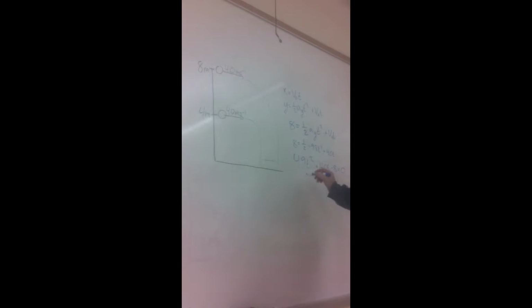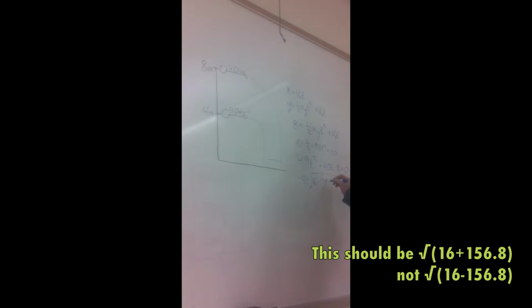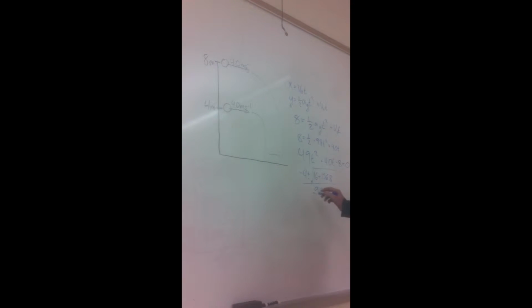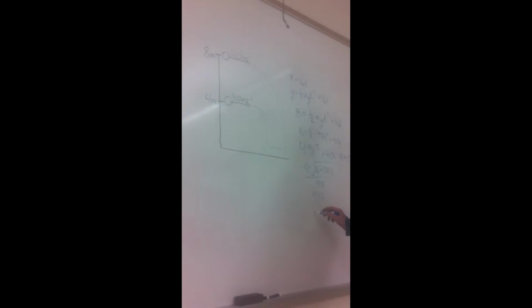Putting that into the quadratic formula, we get negative 4 plus minus the square root of 16 minus 156.8 over 9.8. That solves out to 0.933 and negative 1.75.